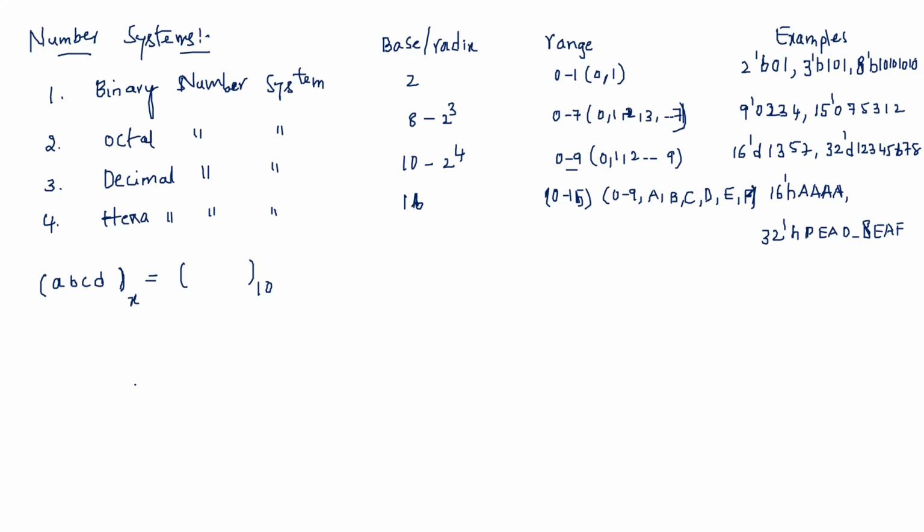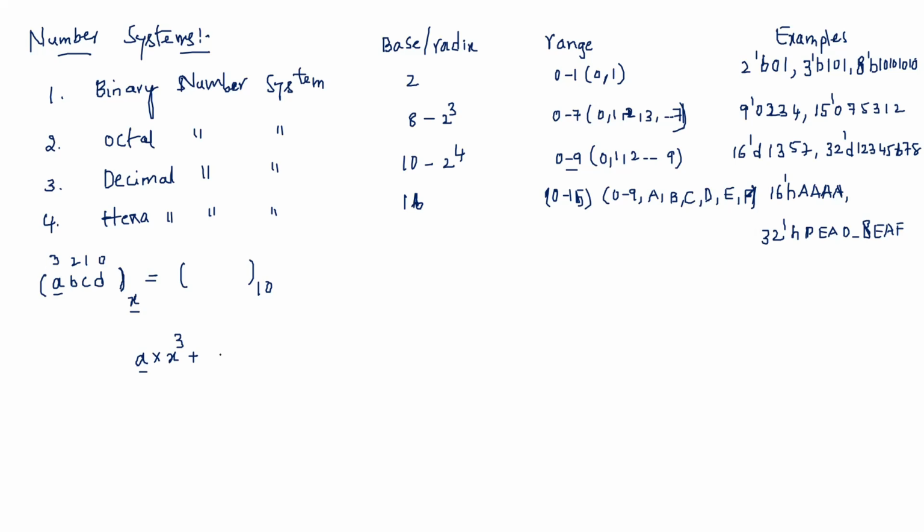How can we convert to the decimal number system? Whatever the base we have, A into x power 3. Here the positions are the 0th position, first position, second position, third position. Similarly, the place value is A, so place value into base to the power of position.